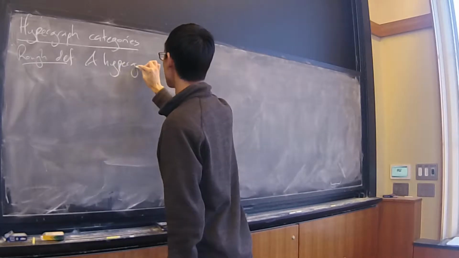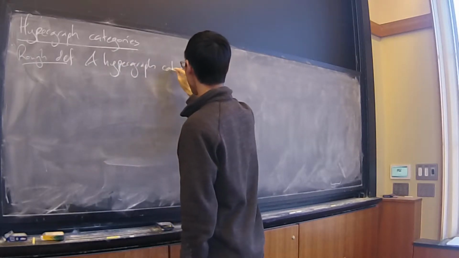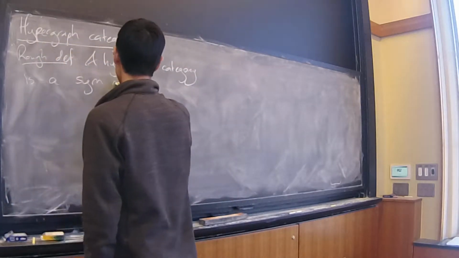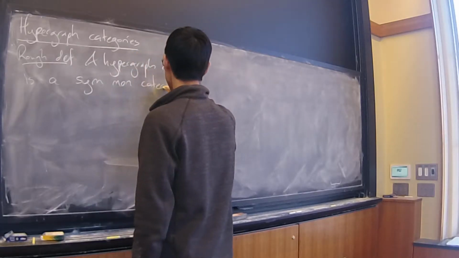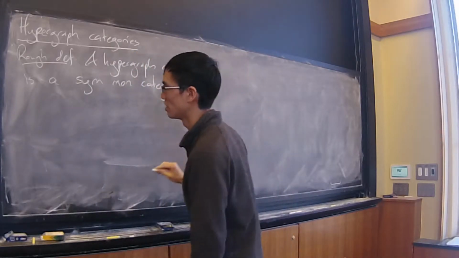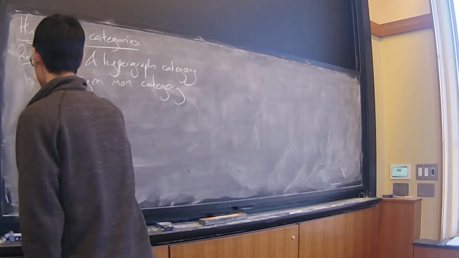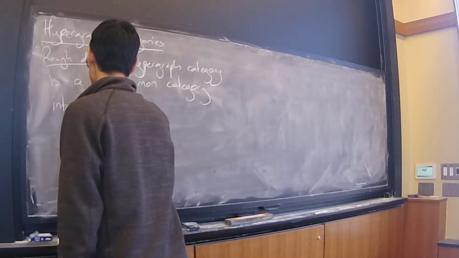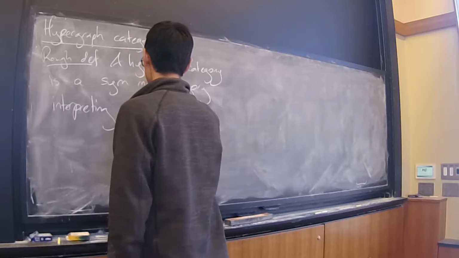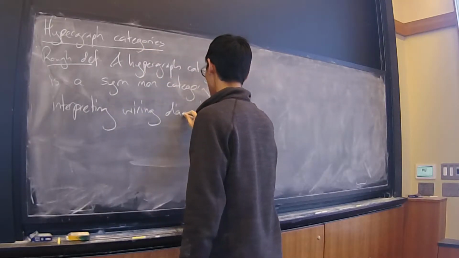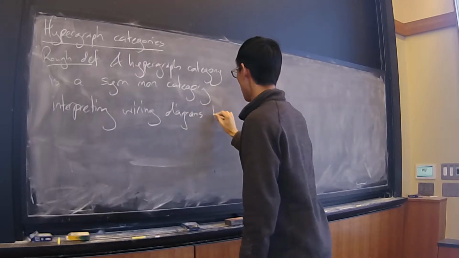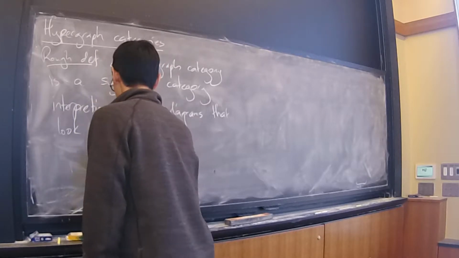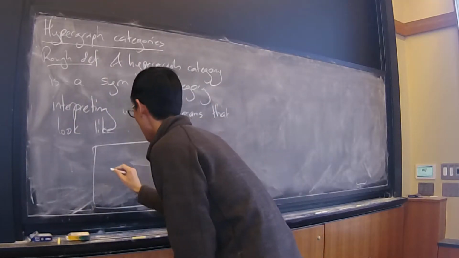A hypergraph category is a symmetric monoidal category, let's say interpreting wiring diagrams that look like, let me draw some wiring diagrams.